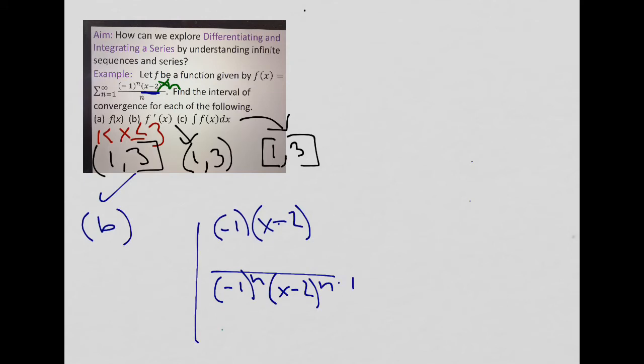Now, if you remember how to find the interval of convergence, it's the limit as n approaches infinity for the n plus 1th term. So I need to make sure that I include that in here before I actually do any sort of division.